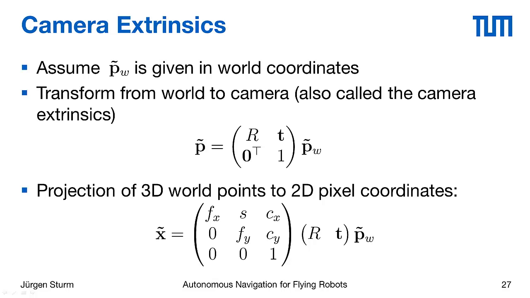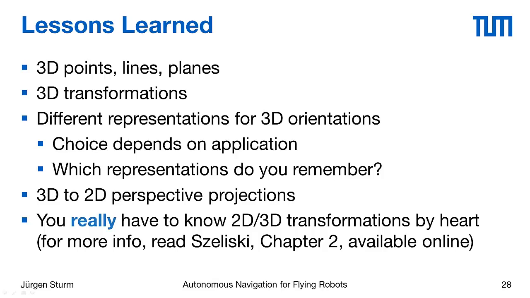And now we can concatenate all of these transformations. So we have the 3D world point PW being transformed into the local coordinate frame of the camera, then being projected to 2D and scaled and offset according to the camera intrinsics. And then this homogeneous vector x gives us the coordinates on the screen or on the image plane.